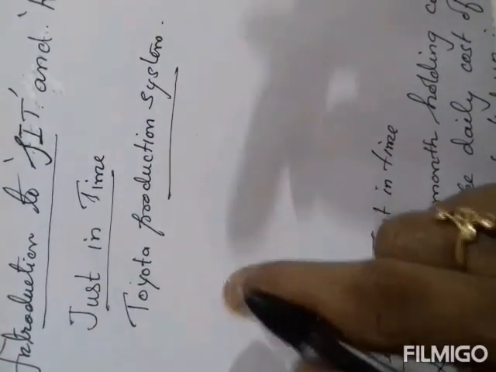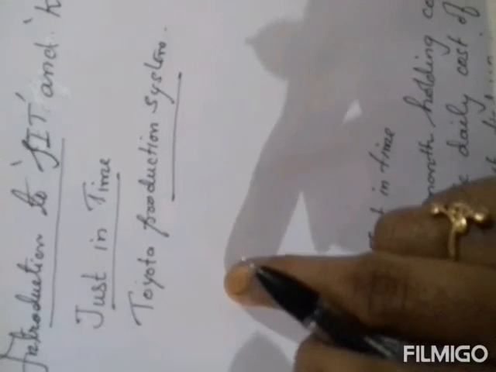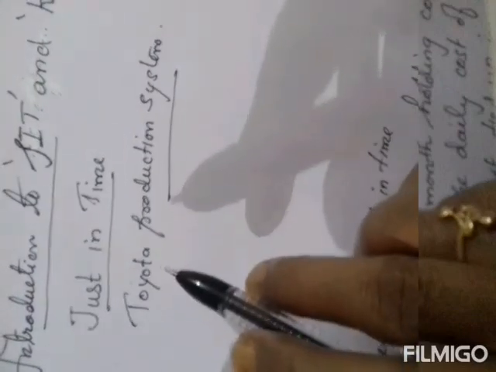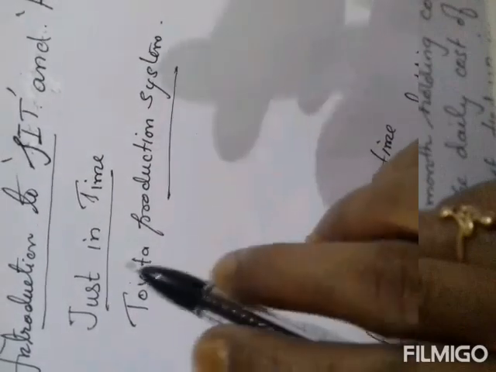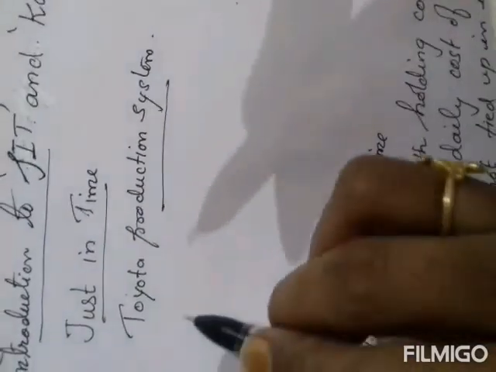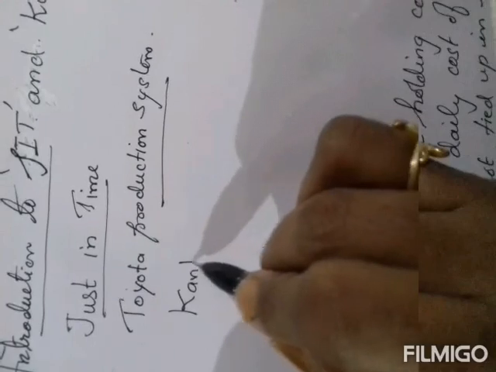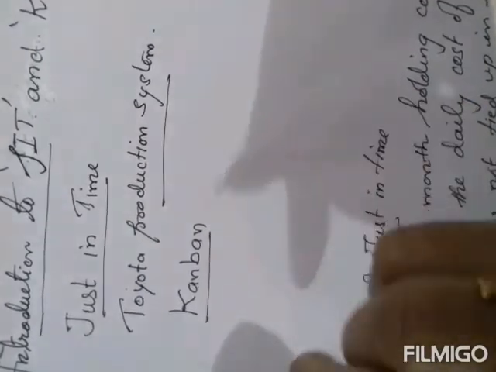This strategy is aimed at improving a business's return on investment by cutting in-process inventory and associated carrying cost. One key element in this system is Kanban.